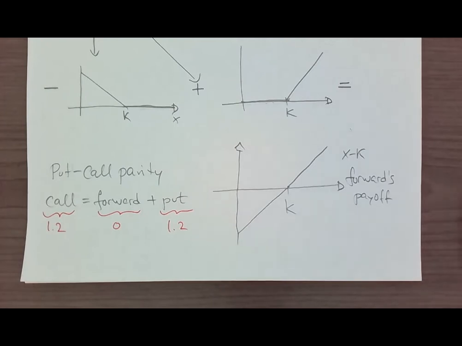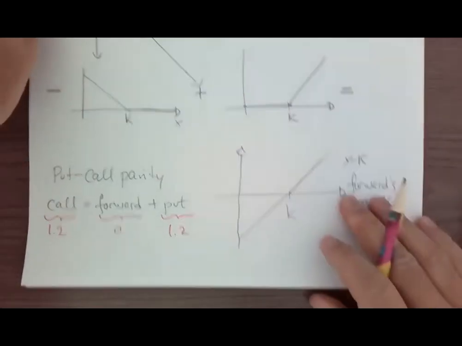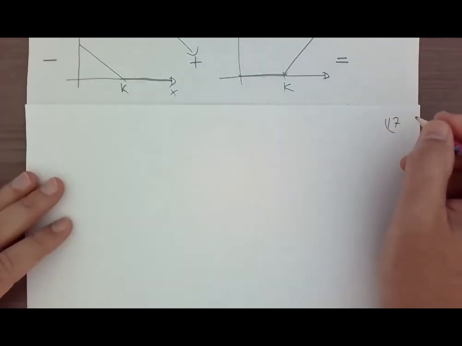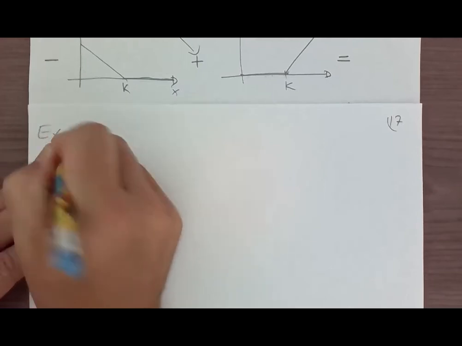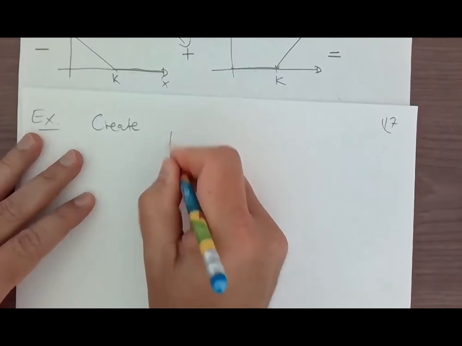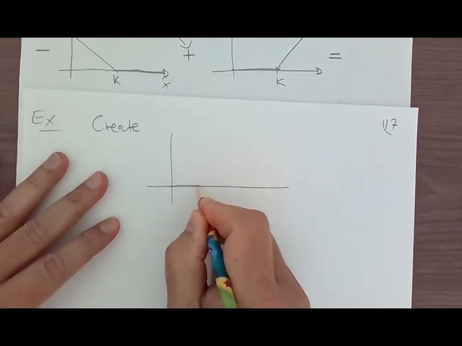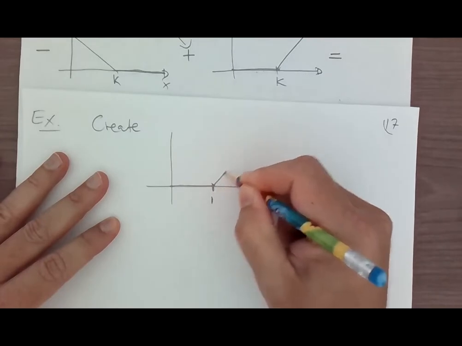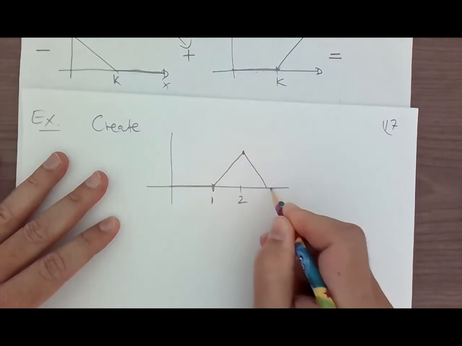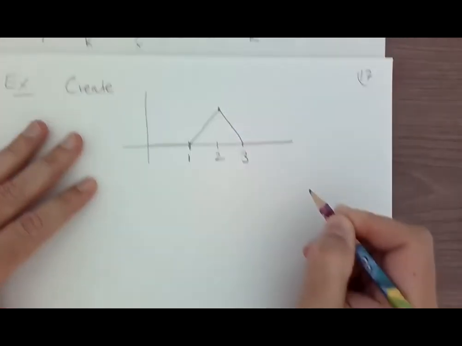So I have seen problems like this one come up in various contexts. Maybe just to give you something to practice on, this here is an old interview question: create a payoff that looks like this. So it's 0, 0, 0, and then at 1 it goes up like that to 2, and it comes down like that to 3.